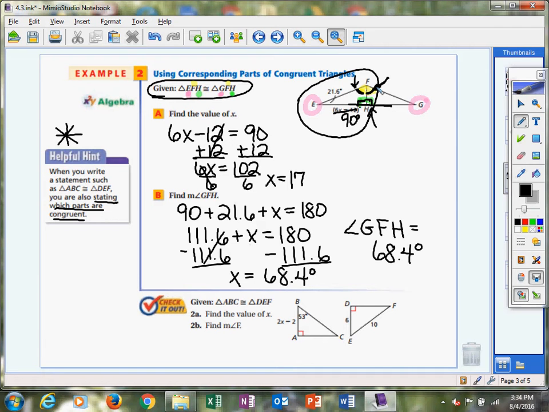So anyway, I think it's a roundabout way to get to that answer. I didn't really like that first part. I think the first part, letter A, was unnecessary, that you really did have enough information from the drawing and your understanding of linear pairs that you could have jumped in there and figured it out on your own.